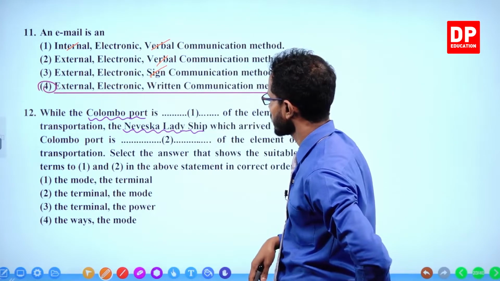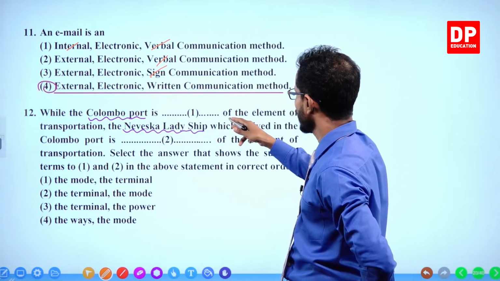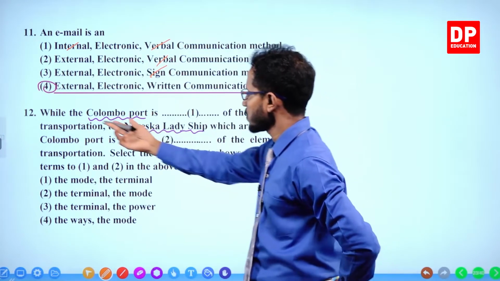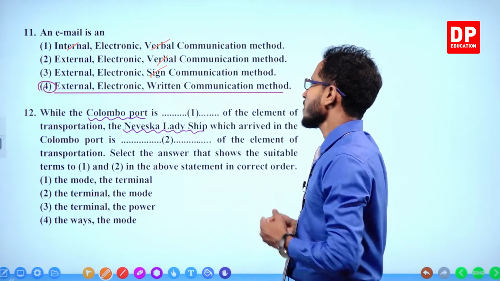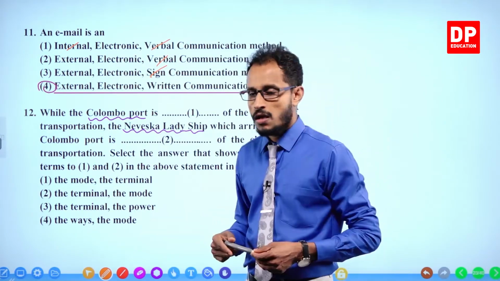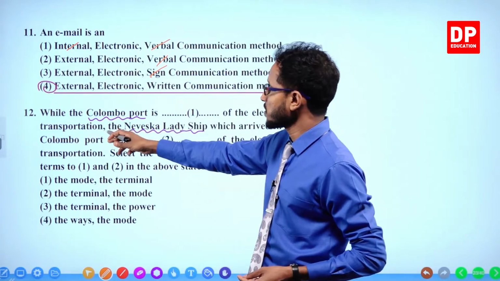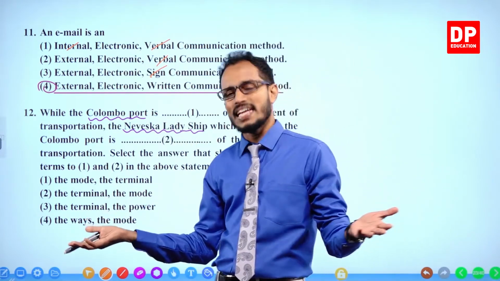First blank: the Colombo port is a T of the element of transport. And the ship's name is Nevasca Lady.